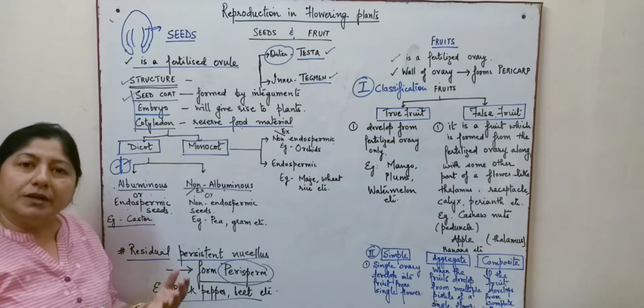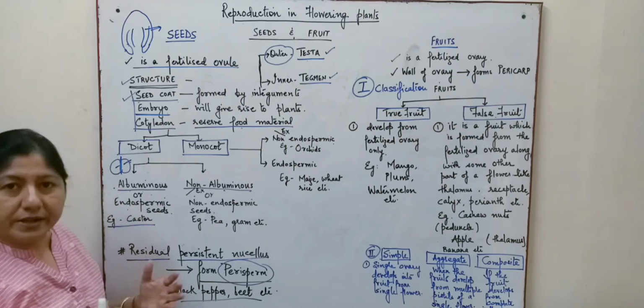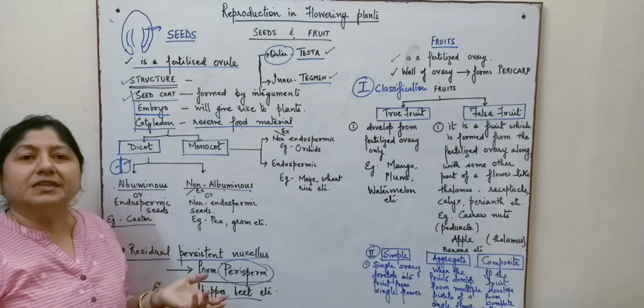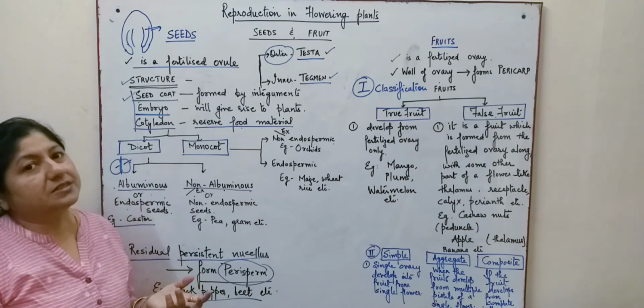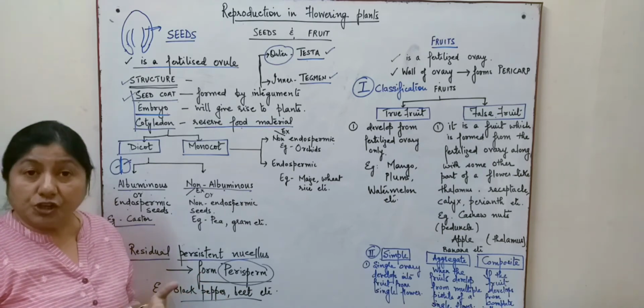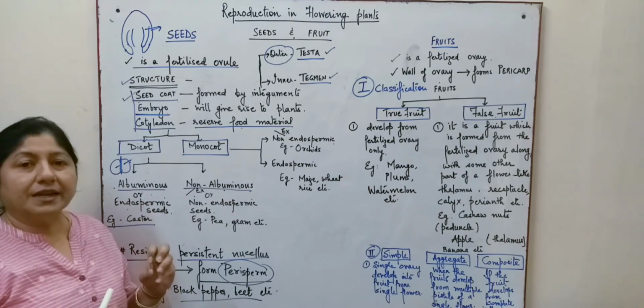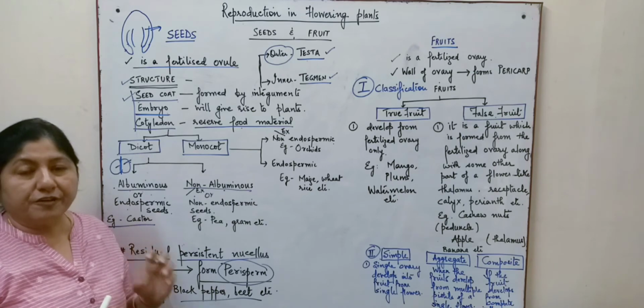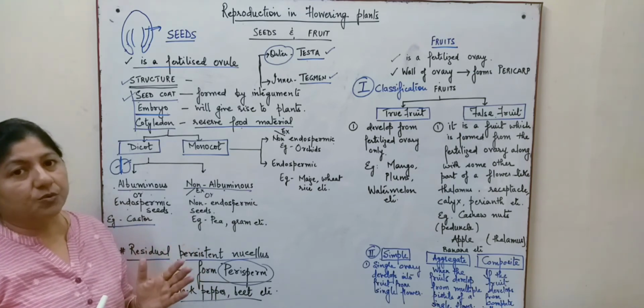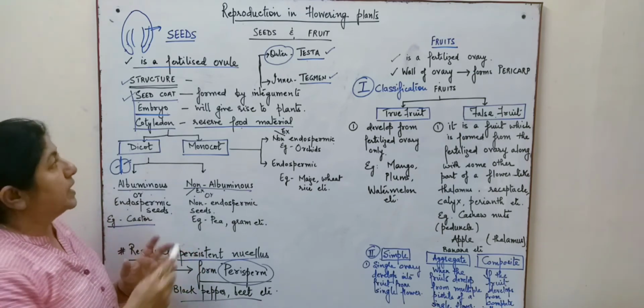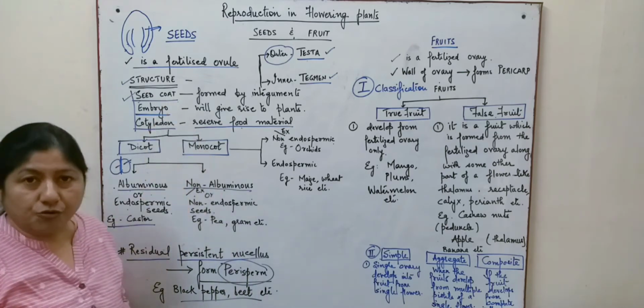That is what we call seed dormancy, and it varies from seed to seed. Certain seeds germinate very fast, some seeds take a long time to germinate, but the seed will germinate only when there is a favorable condition, and therefore the seed coat plays a major role.